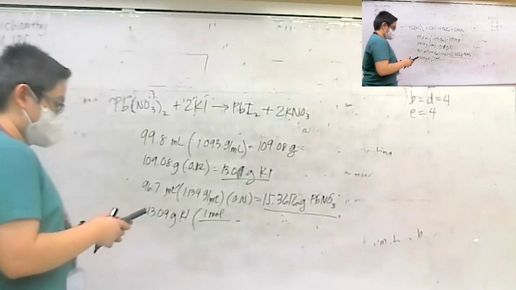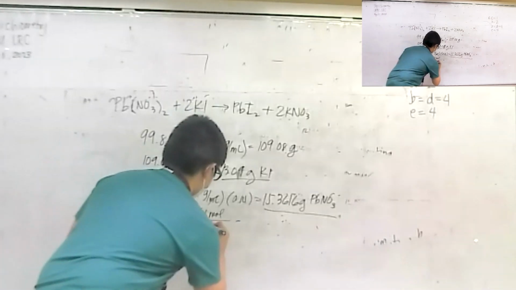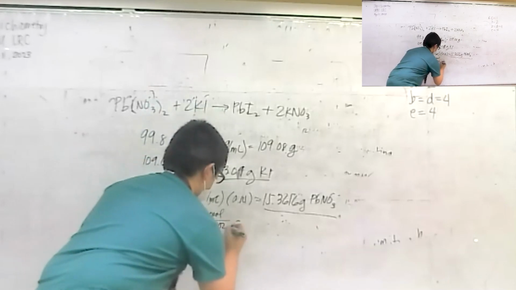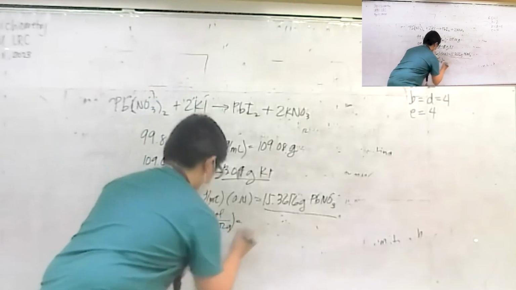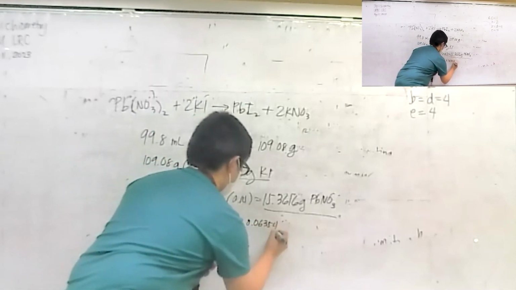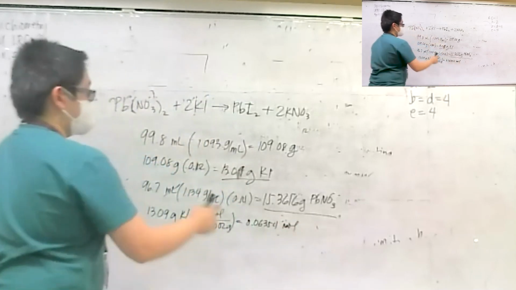And that will give you 13.09 grams over 166.002, and that is equal to 0.07886 moles.